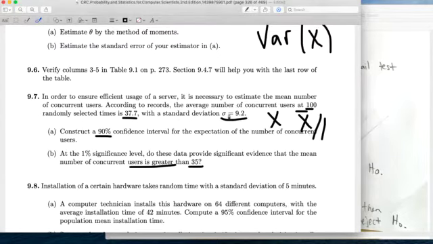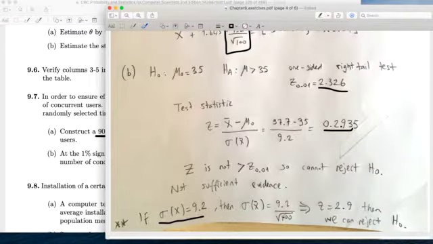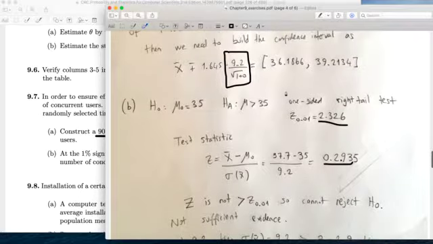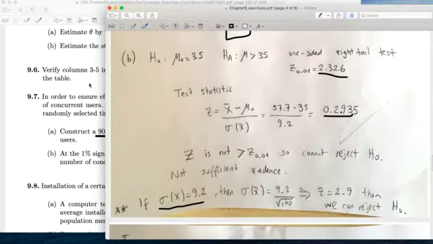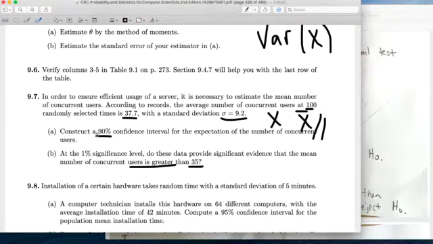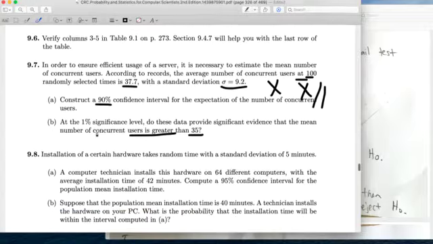In that case, if it's the standard deviation of individual items, the standard deviation of x bar will be 0.92, and in that interpretation we get different confidence intervals, and we get different results in our hypothesis test.